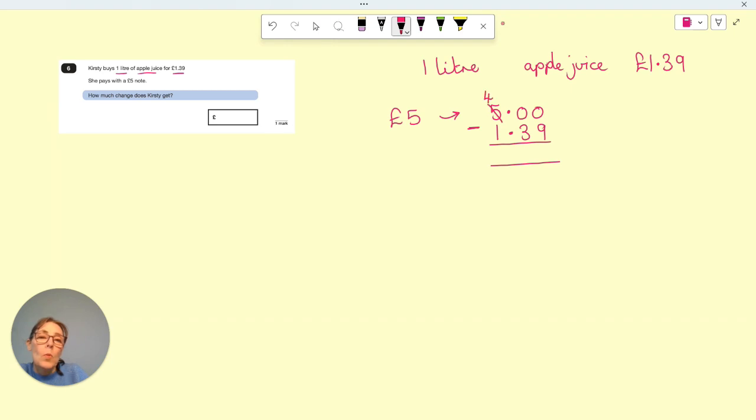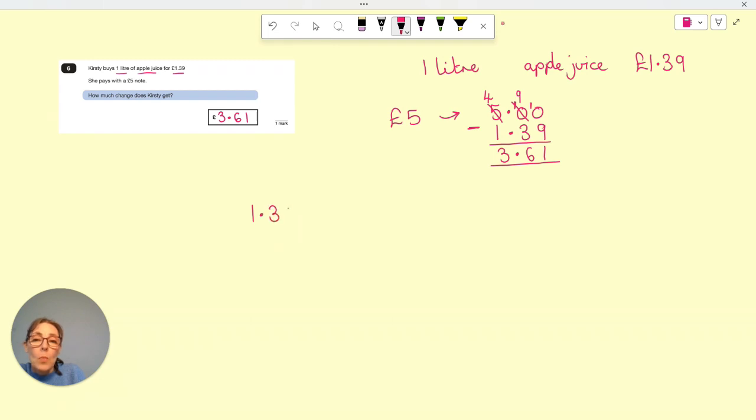So we turn that into a 4, and because that's £4 and £1, we need to take that 1 there. We can't jump it all the way down. Cross the 10 out, turn it into a 9 and carry 1. Now we've got 10 take away 9 is 1. 9 take away 3, the difference between 3 and 9 is 6. And 4 take away 1 is 3. So that's £3.61.